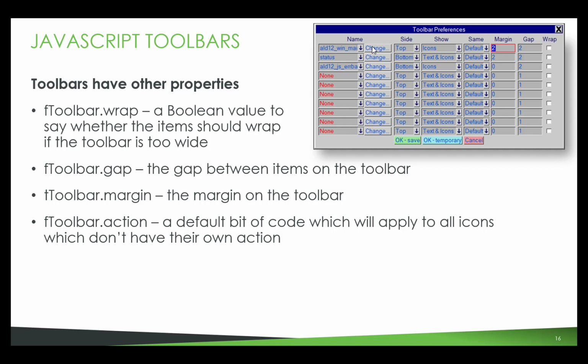So you can apply a bit of code to all of the icons, which will happen by default if the items on the toolbar don't have their own action. Sounds a bit complicated, but it's really to set up a bit of default code to execute when an item is clicked on the toolbar which doesn't have its own action value.